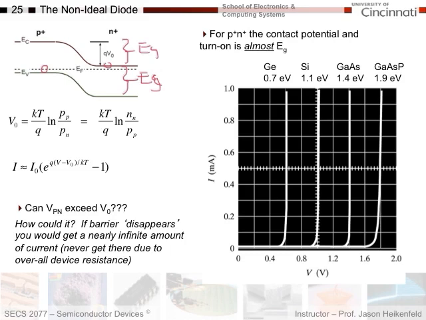And so you can see that on these diode plots for real diodes, turn on is almost close to the band gap for germanium. Silicon, the band gap's 1.1 volts. You can see at about 1 volt it turns on. Gallium arsenide, the band gap's 1.4. This is turning on very close to that as well. And gallium arsenide phosphide, a little bit wider band gap, you can see the turn on getting close to that as well.